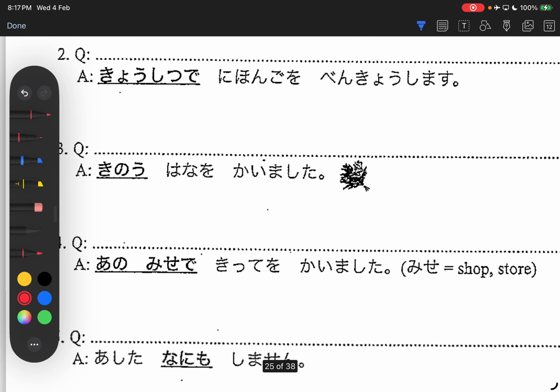Next. Number 3 question. I do number 4. Sure. あの店で... What is your question for number 4? I cannot read my writing. It happens.